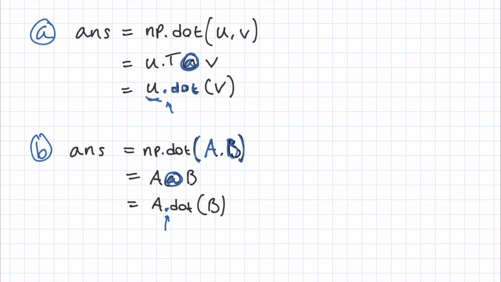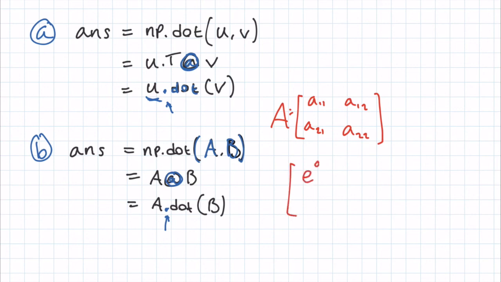Now, in addition to dot products, there is a variety of functions in NumPy that can speed up our implementation of various algorithms. For example, let's say my matrix A is A11, and so on, and what if I want to raise each one by exponentiating it?